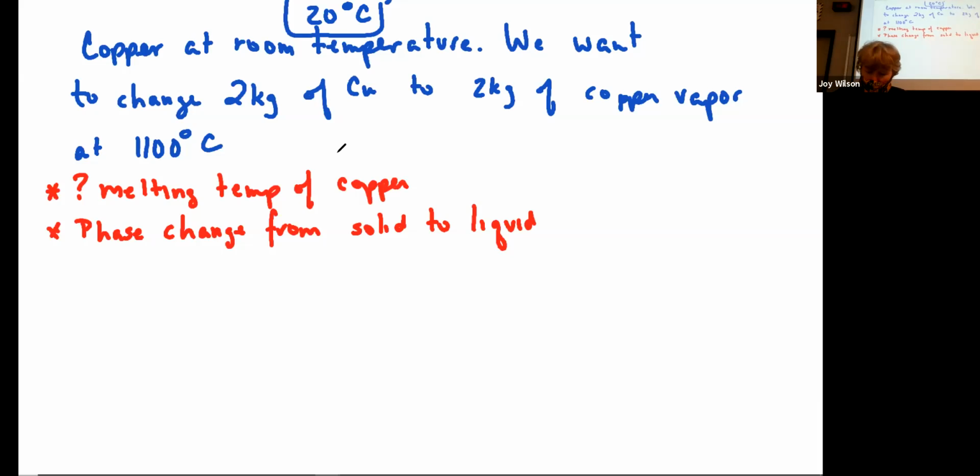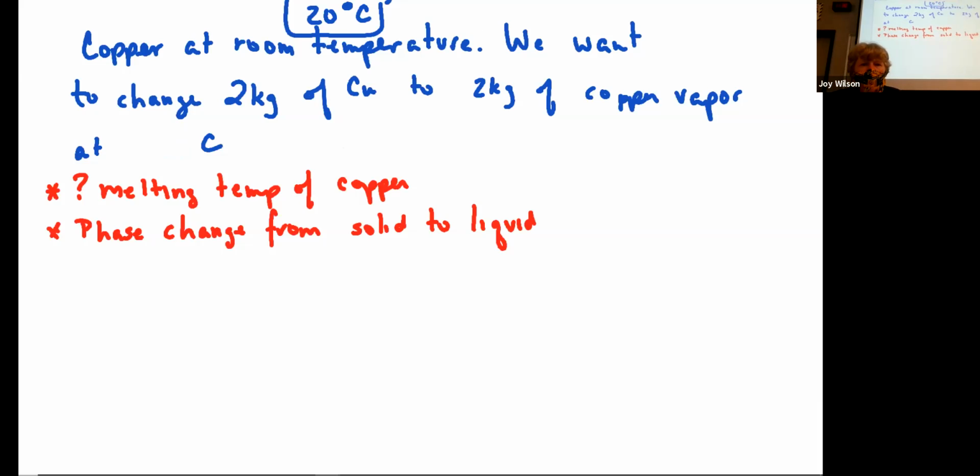So let's pull that up real quick. I shall look it up. Melting point of copper in Celsius. Oh, I'm going to have to change my 1100.